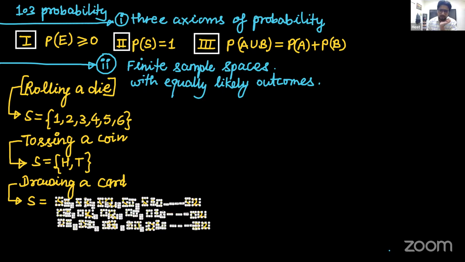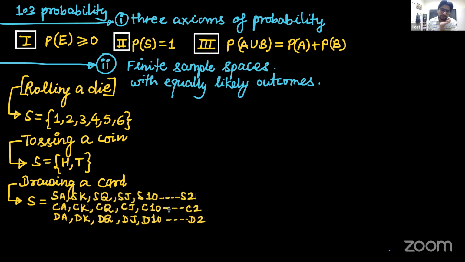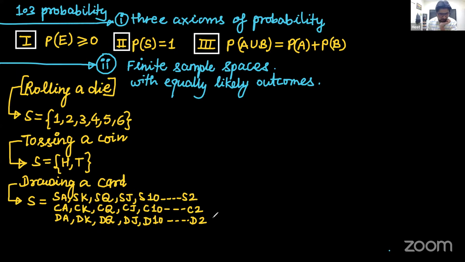Similarly, there is one more suit remaining, no? Spade you have listed, club you have listed, diamond you have listed, and heart is remaining. So you might get the ace of hearts, king, queen, jack, 10 and maybe up to 2 of hearts.